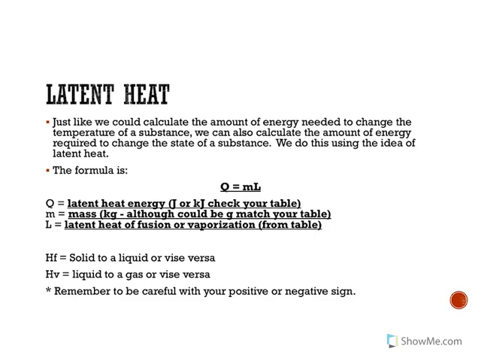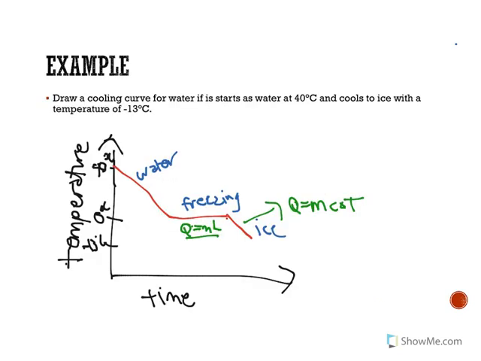And you need to remember to be careful with your positive or negative sign. Because there is no change in temperature, it mathematically doesn't give you a negative value when you calculate your latent heat. Now if we take a look at our cooling curve, this would be giving off heat in order to cool water, which is exothermic, which means we should have a negative Q value, right?